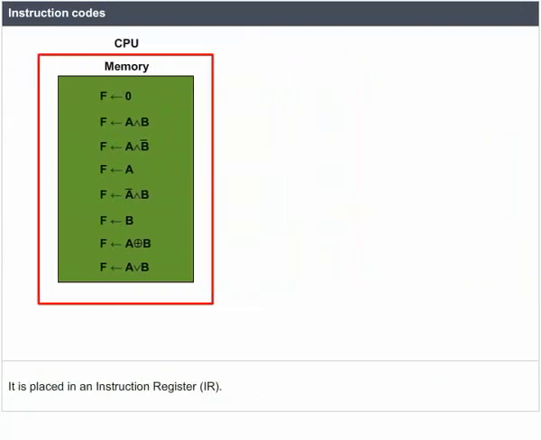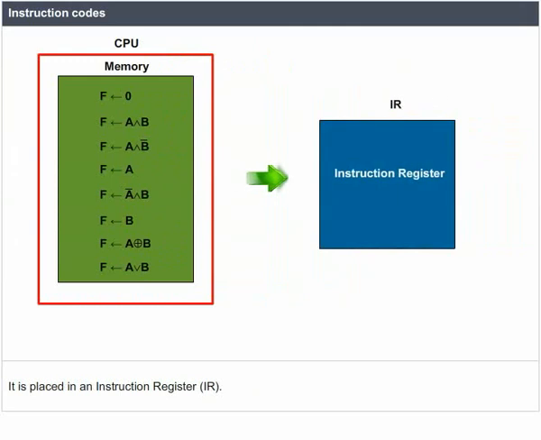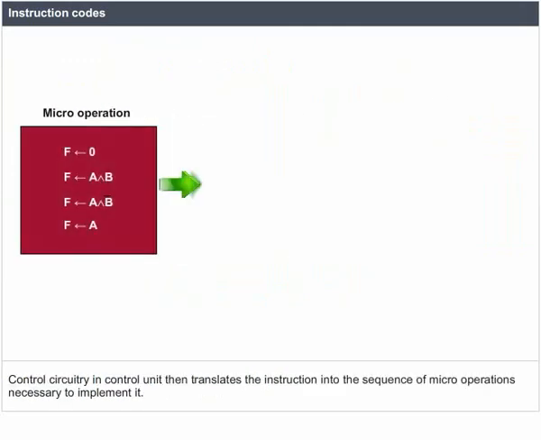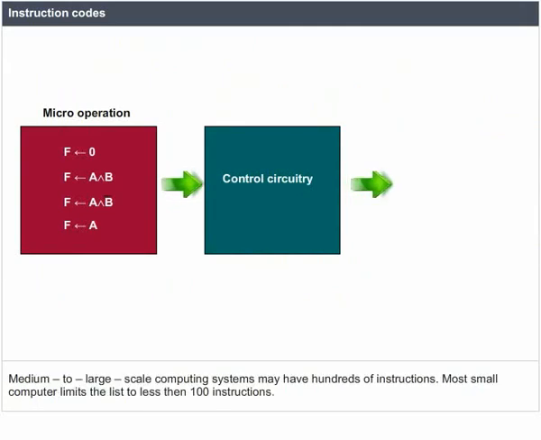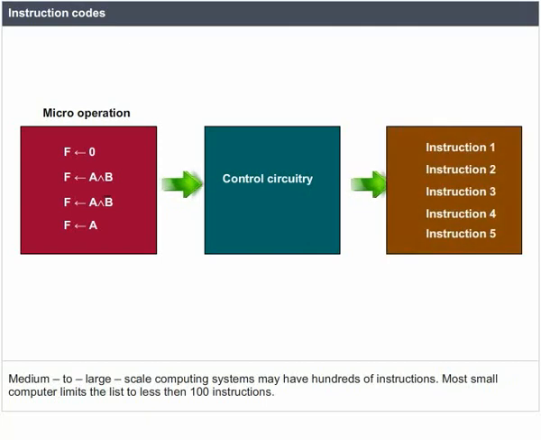It is placed in an instruction register. Control circuitry in the control unit then translates the instruction into the sequence of micro-operations necessary to implement it. Medium to large-scale computing systems may have hundreds of instructions. Most small computers limit the list to less than 100 instructions.